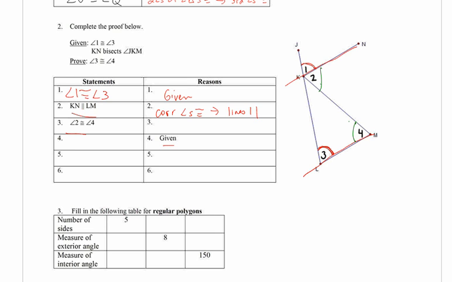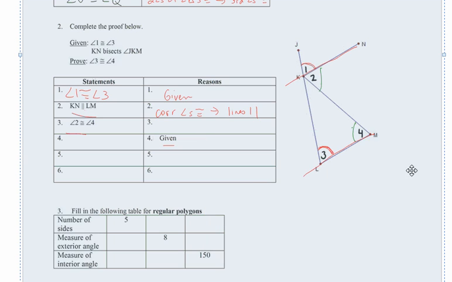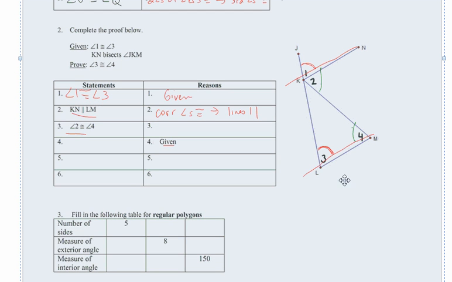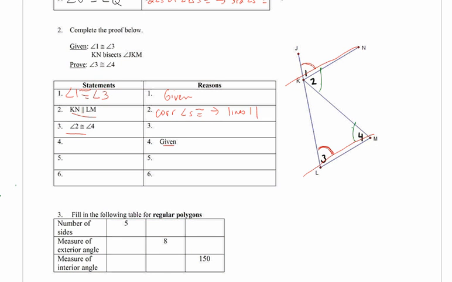You notice that 2 and 4 are on different sides of the transversal, but they are inside, sorry about that, they are inside the parallel lines. So we call those kinds of angles alternate interior angles. Since we know that the lines are parallel, we can now say that alternate interior angles are congruent due to parallel lines.